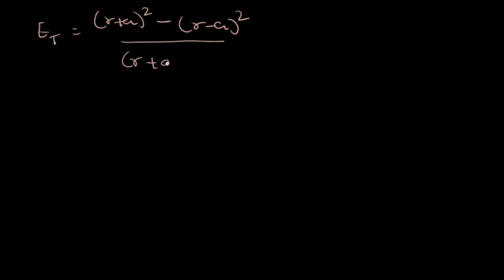Therefore, the total electric field is equal to, I am taking LCM here, (r plus a) whole square minus (r minus a) whole square by (r plus a) whole square into (r minus a) whole square. This will be equal to, you just apply the formula (a plus b) whole square.